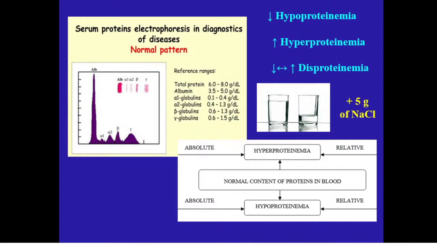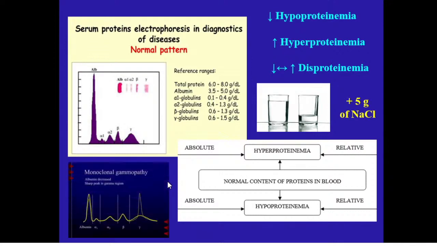I want to fix your attention very quickly on one type of absolute hyperproteinemia that is very interesting, and we are studying this type of absolute hyperproteinemia, and the diseases that lead to it, in our department. It's one of the directions of our scientific work. This is overproduction of gamma globulins, but not polyclonal.